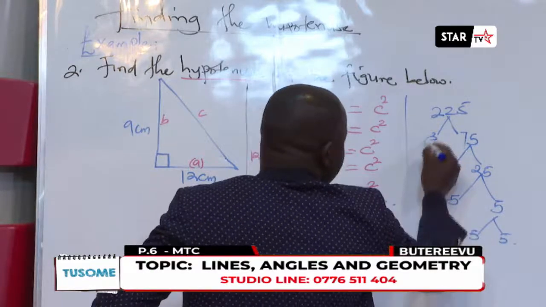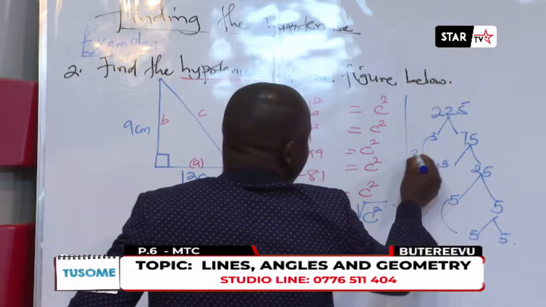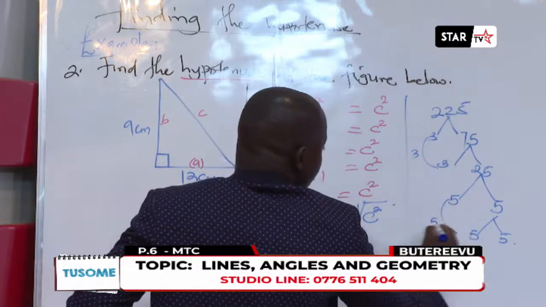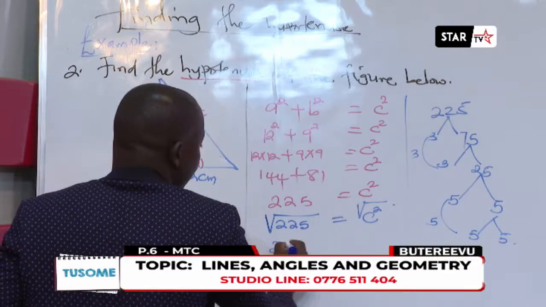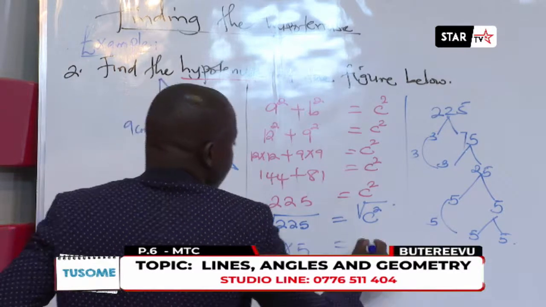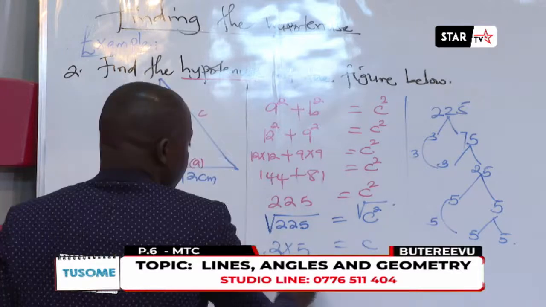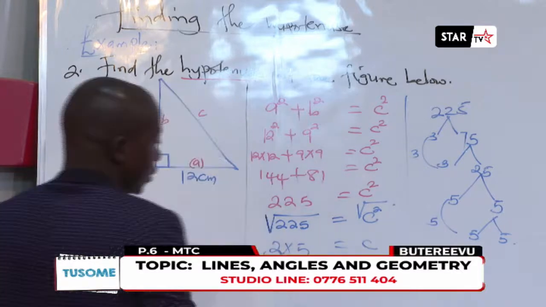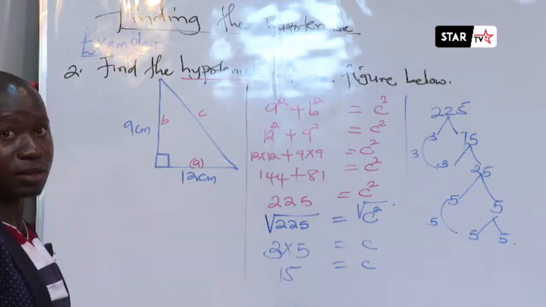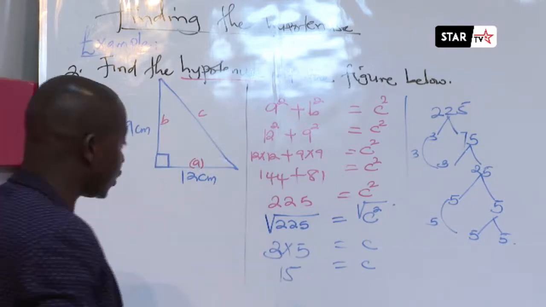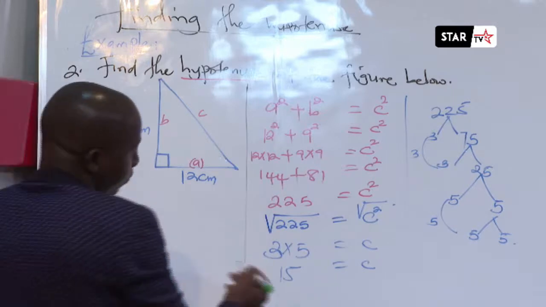You pair the 3s, you come up with only the 3. With the 5s, you only come up with the 5. It means 3 times 5 is equal to C, implying that 15 equals C. But you remember, there are units that you have been given, which are centimeters. It means the hypotenuse is also in centimeters.